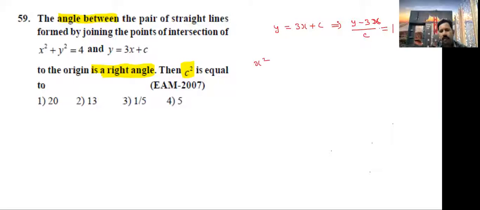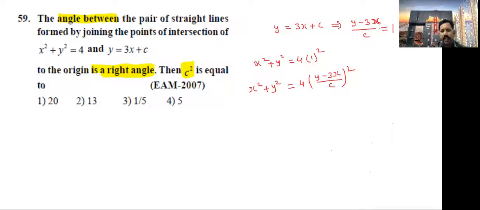And x square plus y square is equal to 4 into 1 square, that is, 4 into ((y minus 3x) by c) whole square.